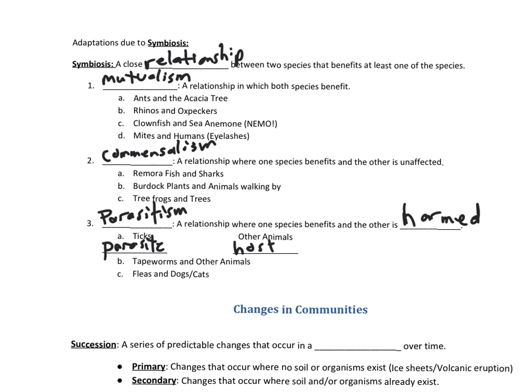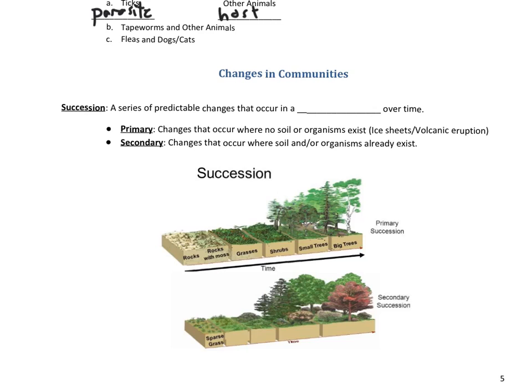And you have other species of animal and insects that harm their hosts, such as tapeworms or fleas. And so parasitism is, again, a type of symbiotic relationship where one species benefits and the other one is harmed.